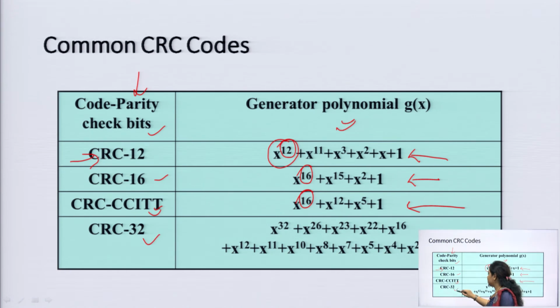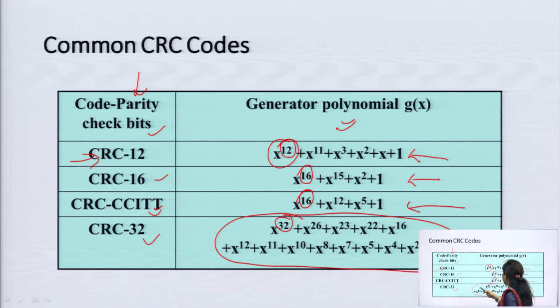Next will be CRC 32, which has this generator polynomial with the highest power of x equal to 32. So, this is how the CRC code will work. These are predetermined, or you can say that a table is provided to you. You can use any kind of CRC codes for error detection and error checking. CRC is the error checking code.